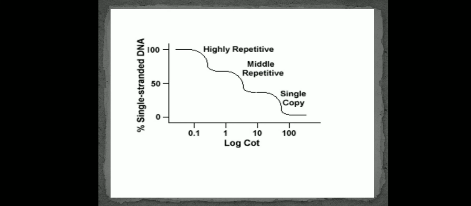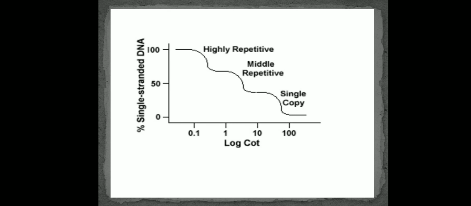So what this is representing is, you can see the percentage of single stranded DNA here is very less, and here it is more. So we will see based on the highly repetitive sequence.